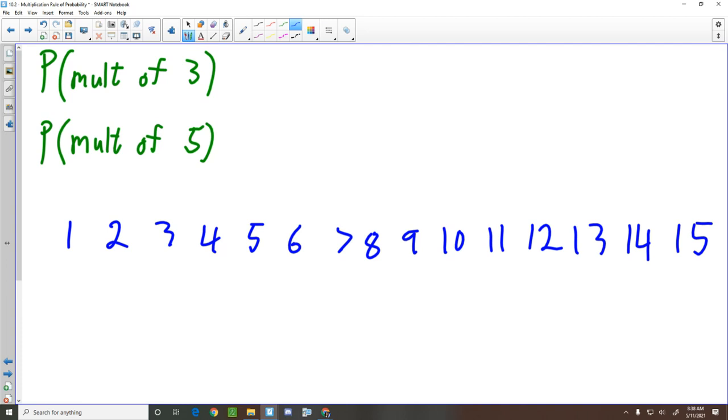First off, you could instantly answer this by figuring out which numbers are both multiples of 3 and 5. But I want you to use the addition rule by figuring them out separately. Are these mutually exclusive events? No. Because couldn't a number be a multiple of 3 and a multiple of 5? Isn't that possible?